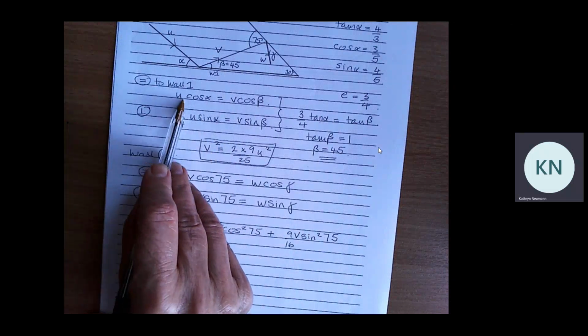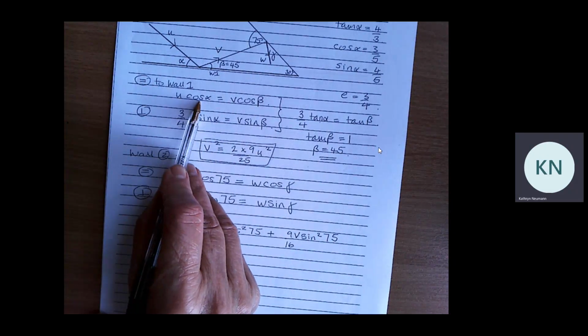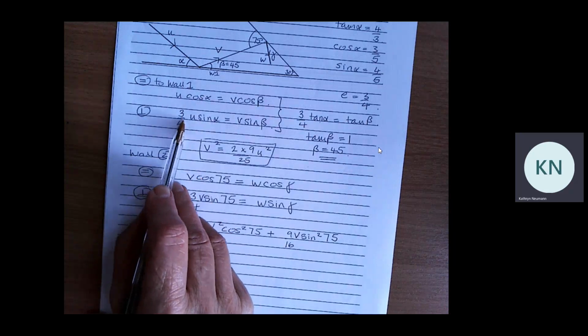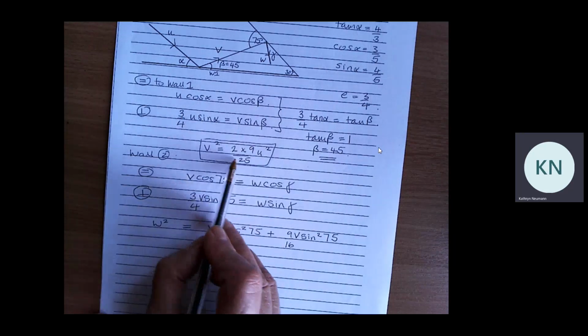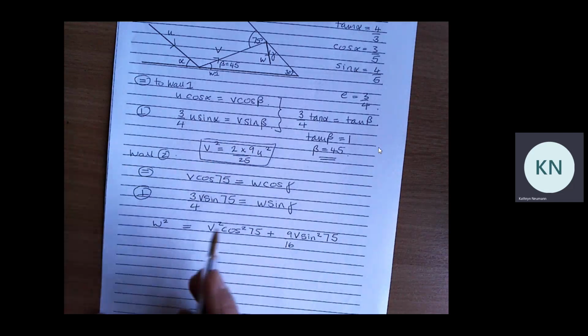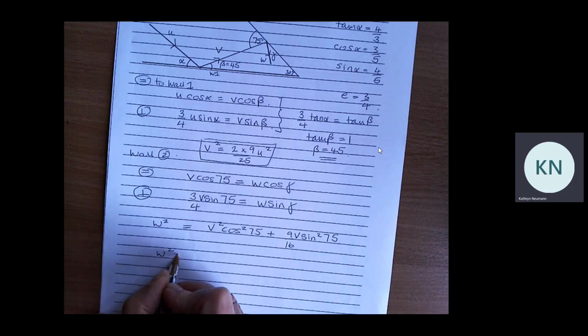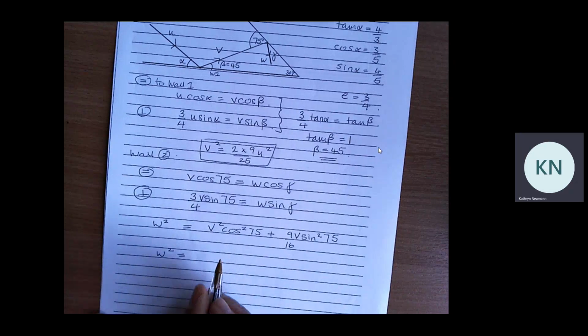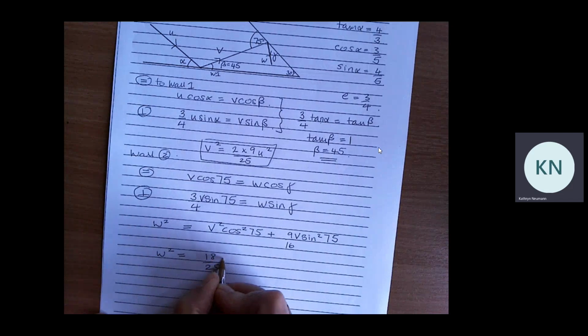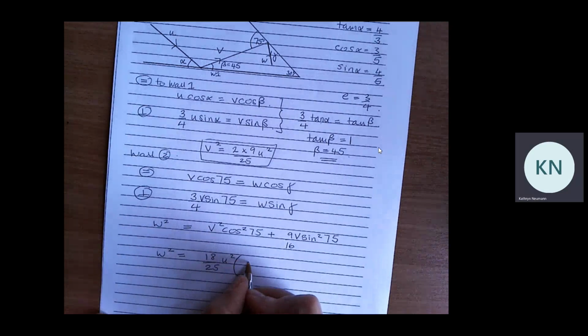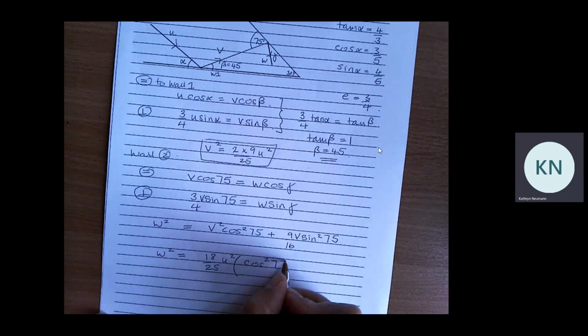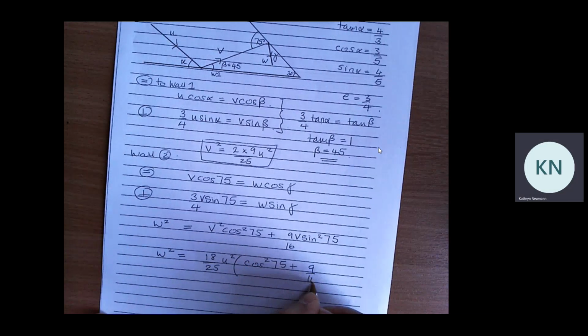So I would have U squared times cos squared of alpha, 3/4 times U squared sine squared of alpha gives me this equation here. So I now know what V squared is. So substituting into here, I get that W squared is equal to V squared, which is 18/25 U squared, on cos squared 75 plus 9/16 sine squared 75.